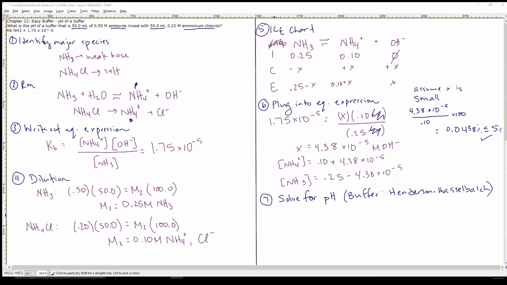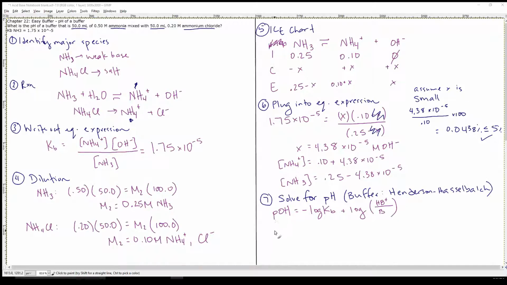If I am working with a base, I want to say pOH is equal to the negative log of the Kb plus the log of the base. Actually, I think it'd be the other way around: the conjugate ion over the base.